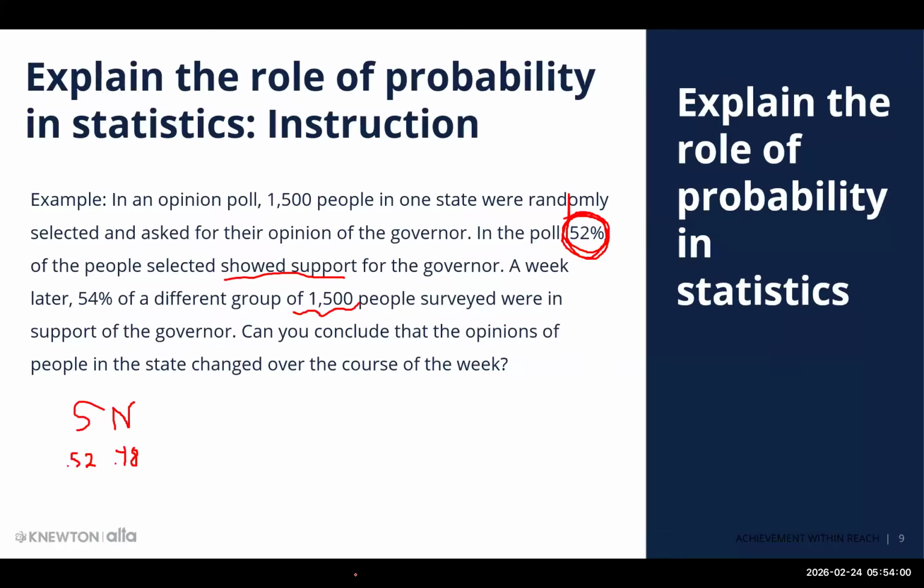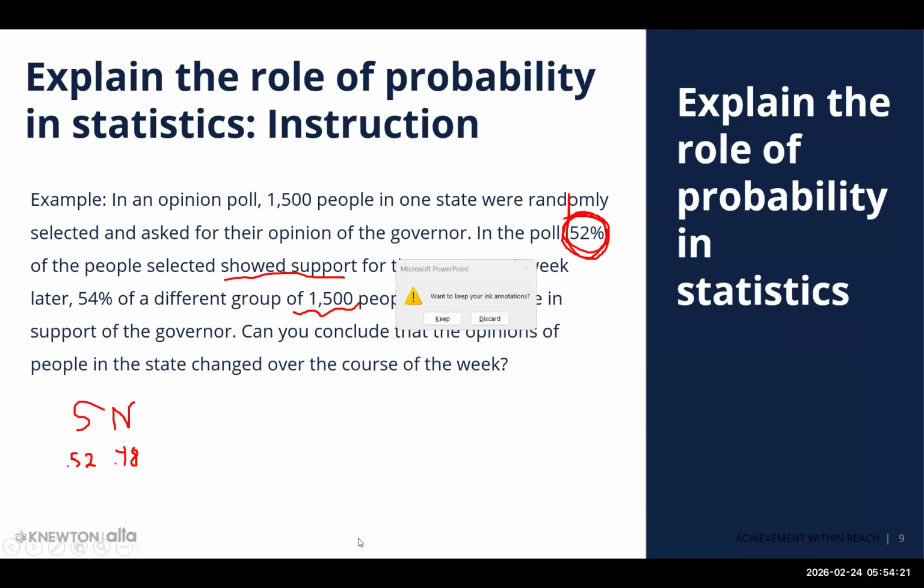And so 54%. Let's see what's 54% of 1,500. See if I can get a calculator.